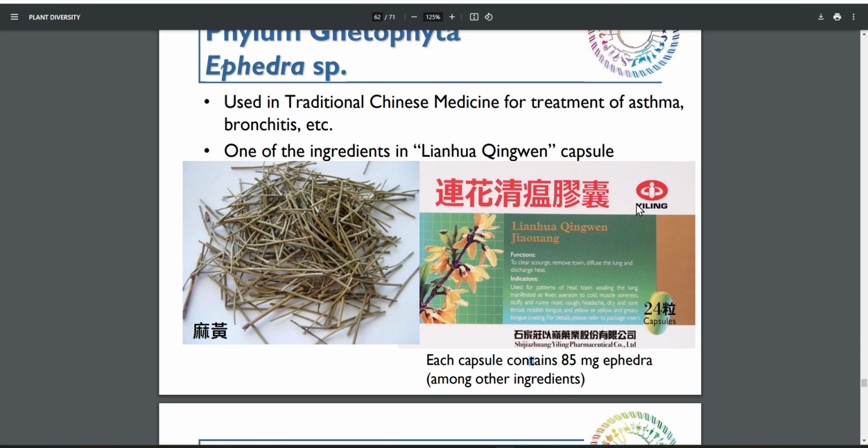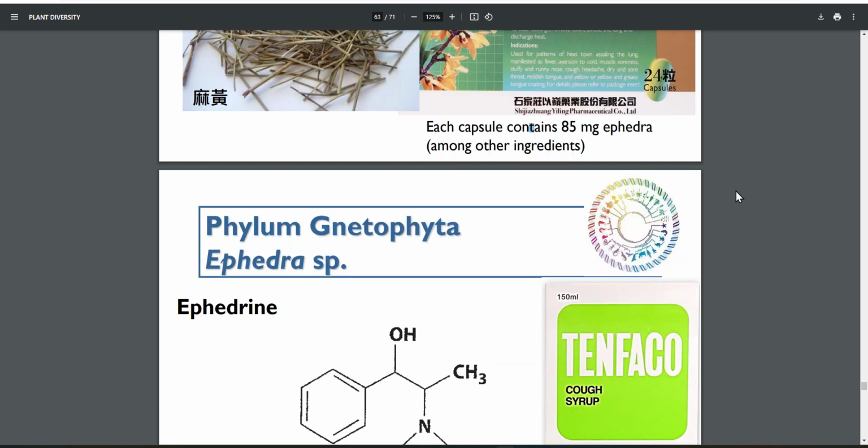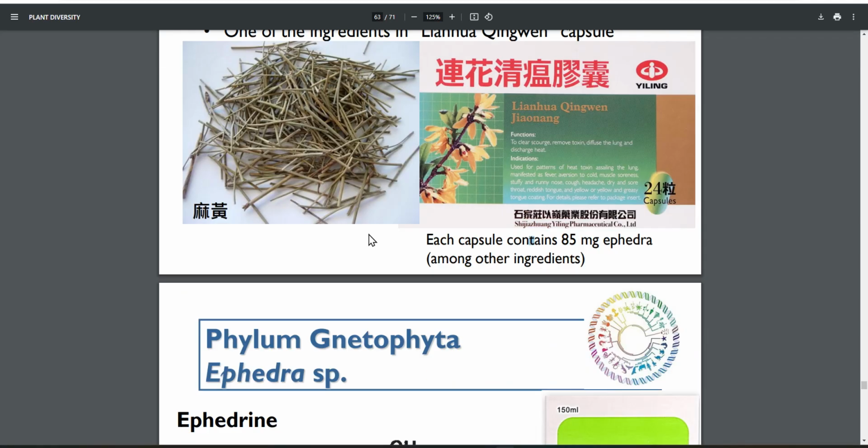And this product, each capsule contains 85 milligrams of ephedra. I'm not sure Ma Huang is ephedra or not, but that doesn't really matter. So this is Chinese medicine.